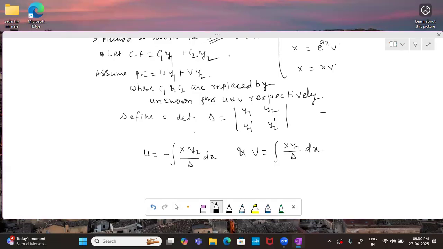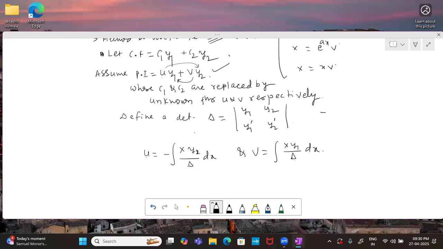For finding u, use y2, and for finding v, use y1. Delta is the value of the determinant. Put these in PI and you get the solution of the equation.